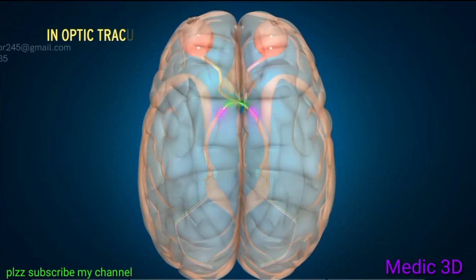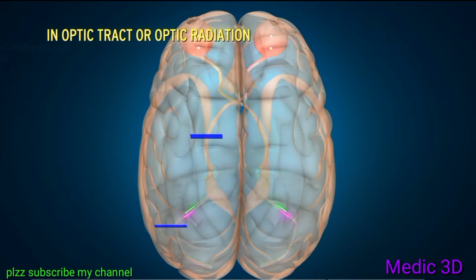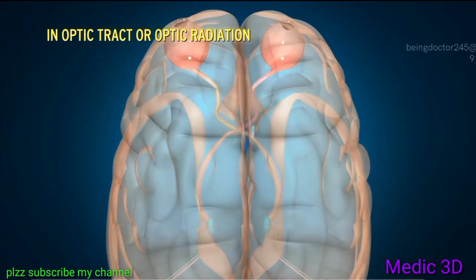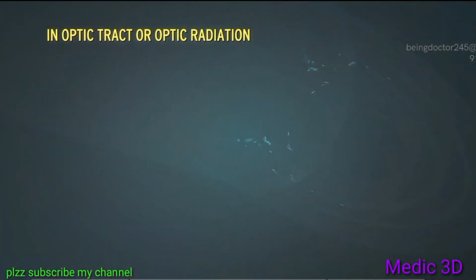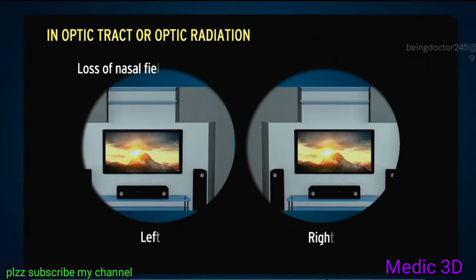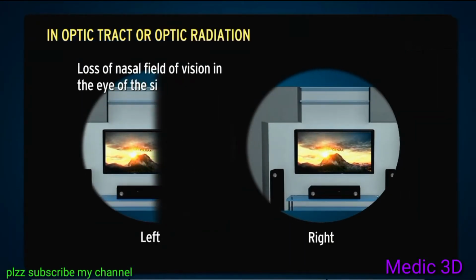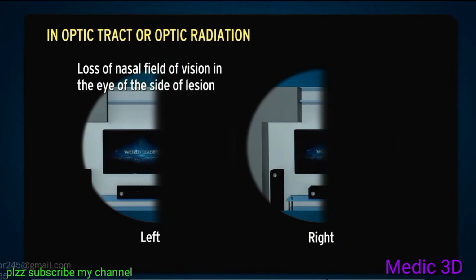In optic tract or optic radiation, when there is lesion in optic tract or optic radiation of any one side, there will be loss of nasal field of vision in the eye on the side of lesion and loss of temporal field of vision in the eye on opposite side.